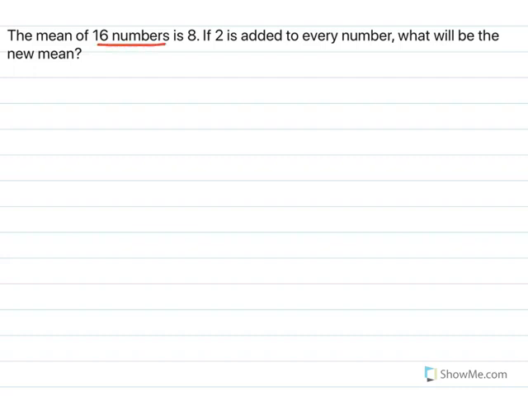The mean of 16 numbers is 8. So mean is 8 and number of observations is 16. So we now put the formula.